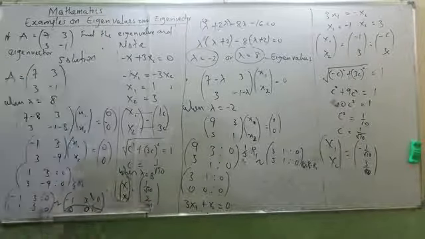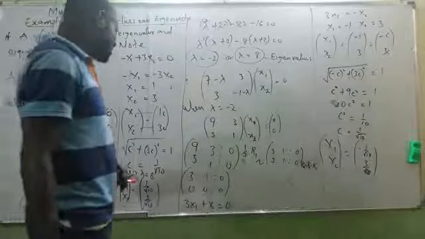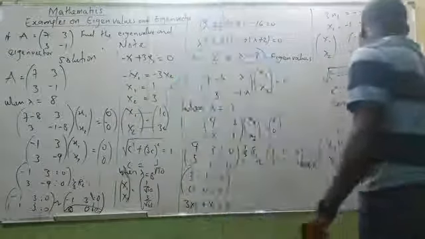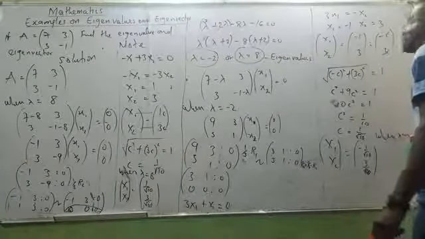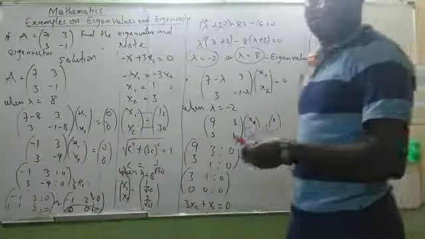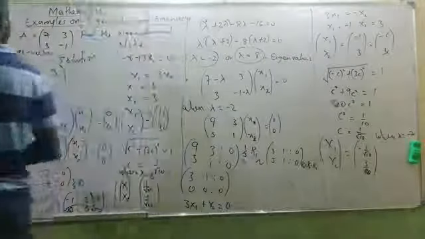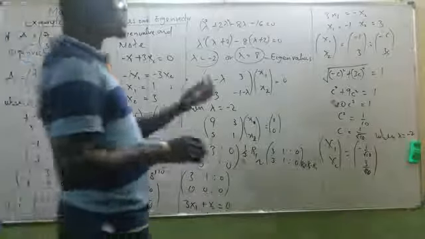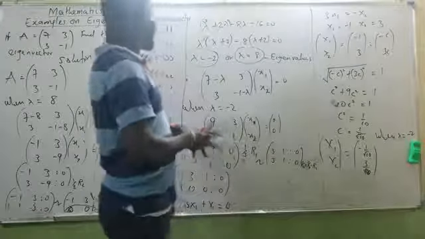Okay, that is it. This is when lambda equals to minus 2. Please, that is all about that. I think you can see it's very, very simple. With what is on ground, I think you should not have problem with it.